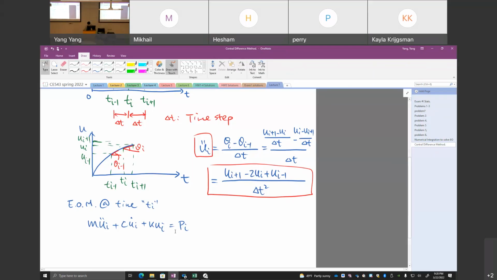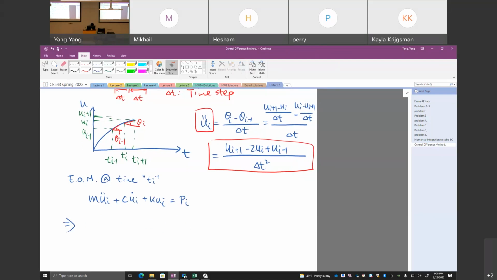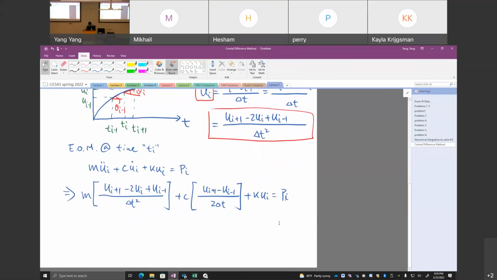And then we remember the acceleration and the velocity can be expressed in terms of the time step and the displacement, so we can reorganize this problem.